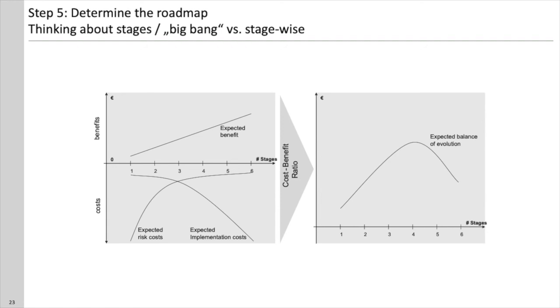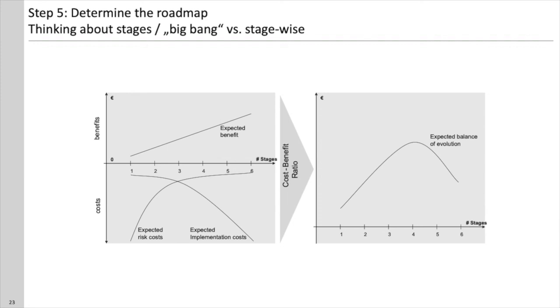So if you sum up these three curves, what you'll find is a so-called cost-benefit ratio, and it looks something like the curve on the right-hand side. So while the Big Bang on the left has a quite low expected overall value, too many stages on the right, like 5, 6, or even more stages, also have a lower value.